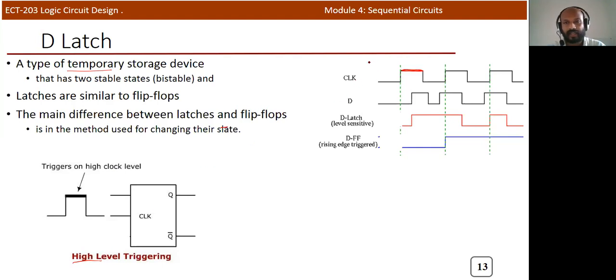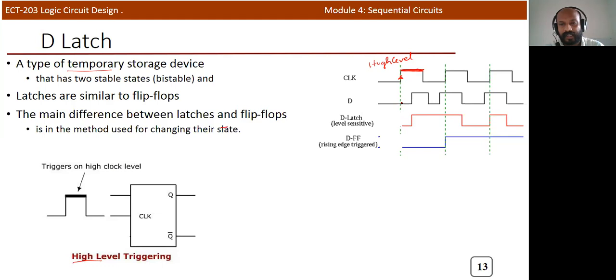So the positive signal. You can see that there is a rising edge at this particular point, but this latch is not indicated as a rising edge or a falling edge. So it is simply level triggered. When there is a 1, there is a change in output.